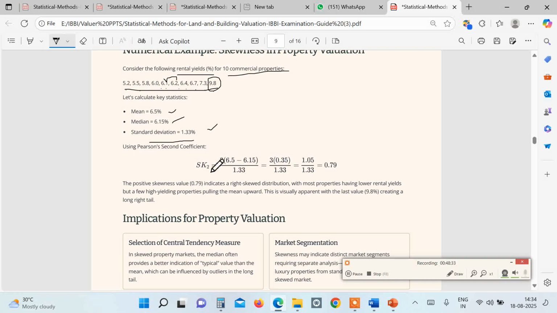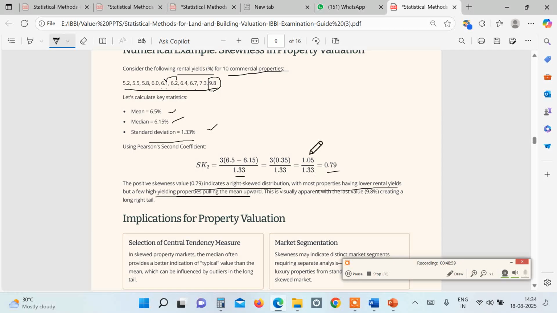Using Pearson's second coefficient formula, which is 3 times (mean minus median) divided by standard deviation, the value comes out to be 0.79. So it is positive. This positive value indicates a right skewed distribution, with most properties having a lower yield but a few high yield properties pulling the mean upward.